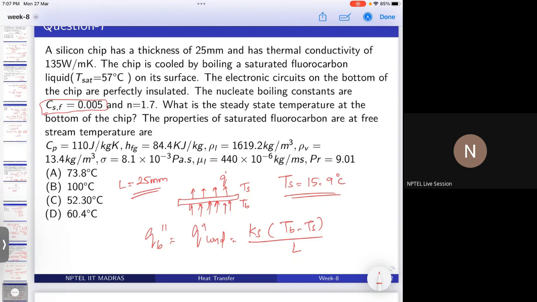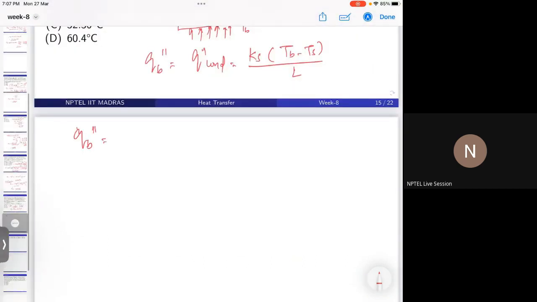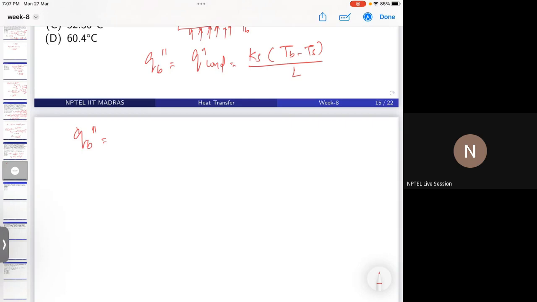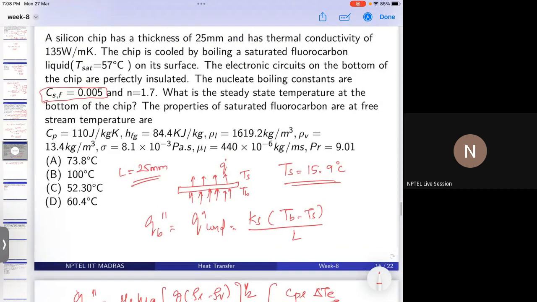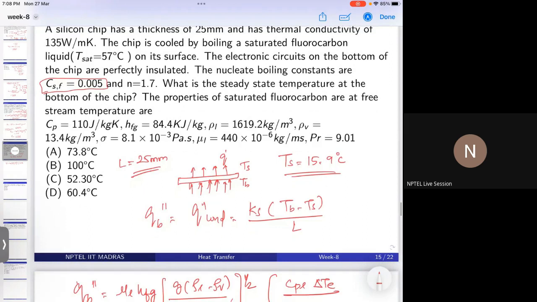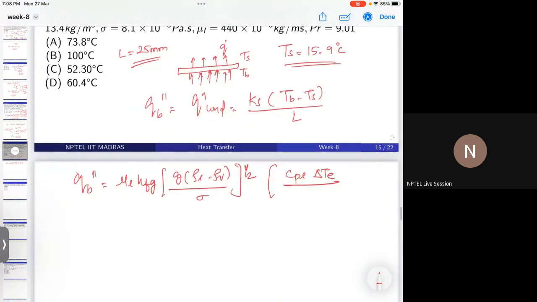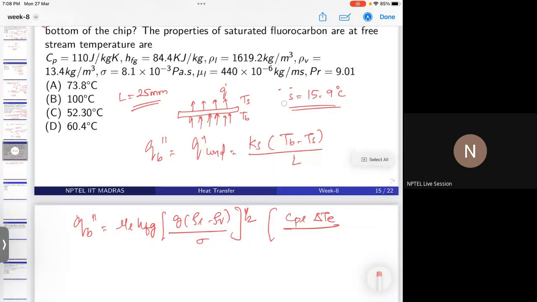That is Qb is equal to mu L HFG times square root of rho L minus rho V by sigma, times CPL delta T cubed. So if the T surface is 15 degrees Celsius, boiling won't take place, right?